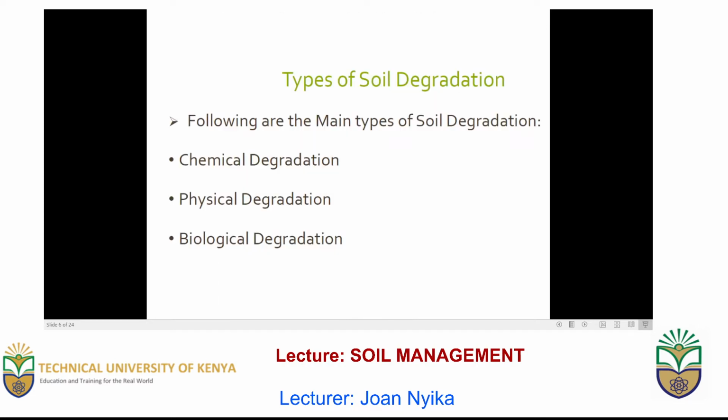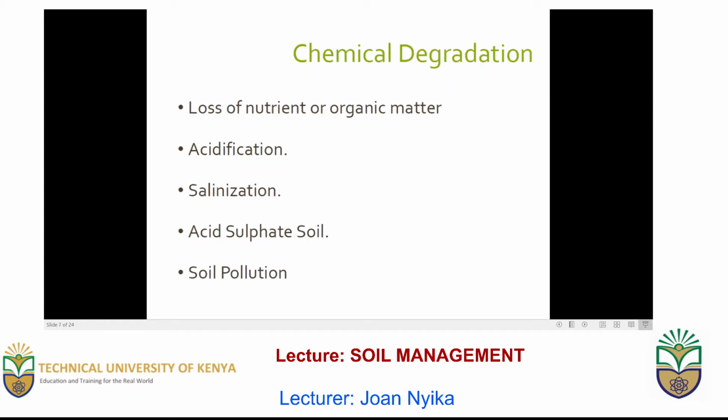There are three types of soil degradation: chemical degradation, physical degradation, and biological degradation. Chemical degradation is usually the loss of nutrients or organic matter.